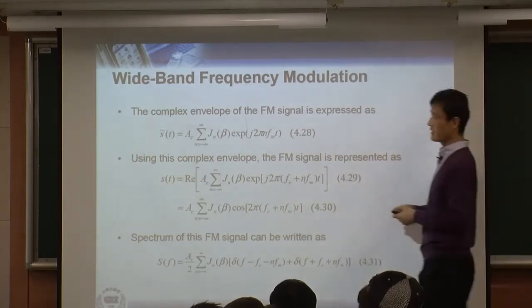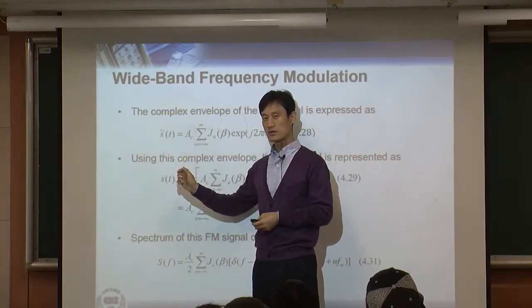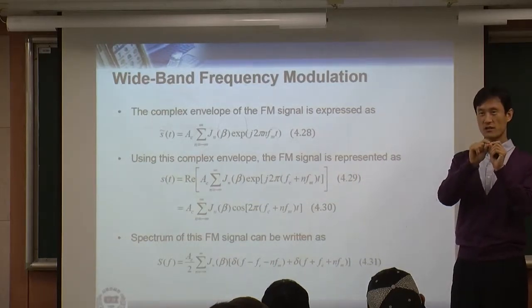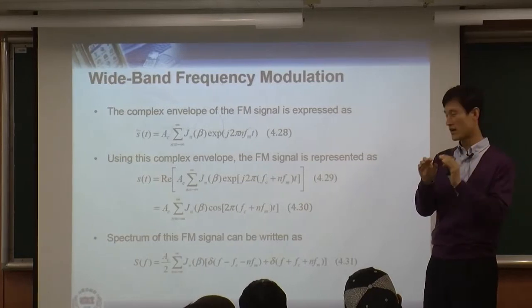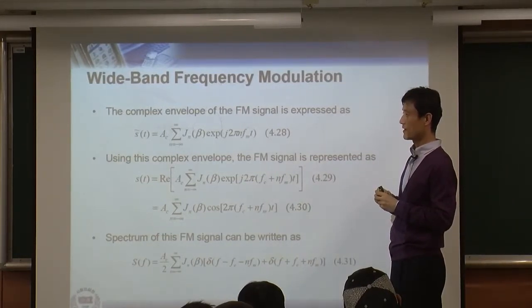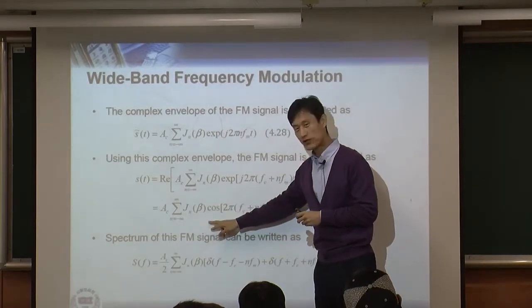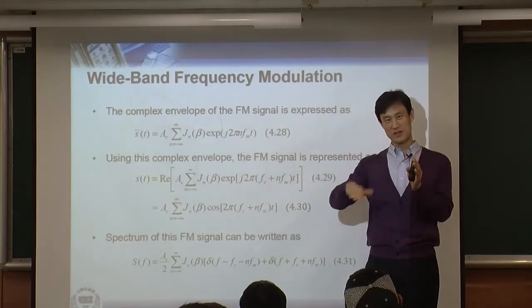Average power is doing integration of the square. If you take the average value, not the average power, when you just do integration of cosine, it's going to be 0, right? Because cosine always goes positive, negative, positive, negative.